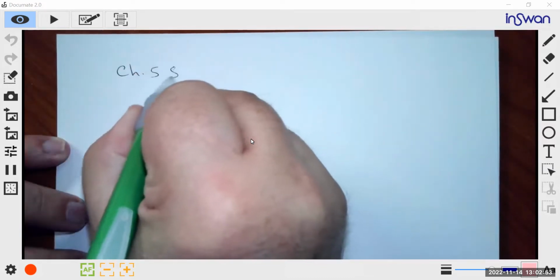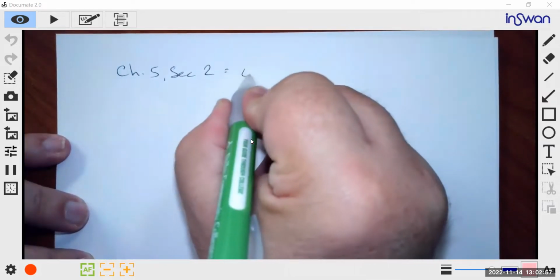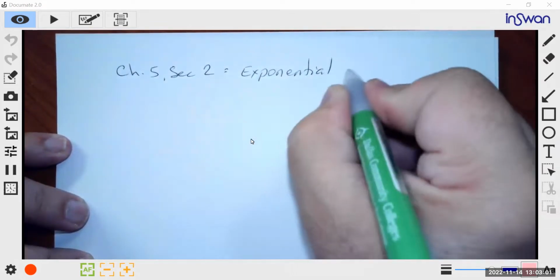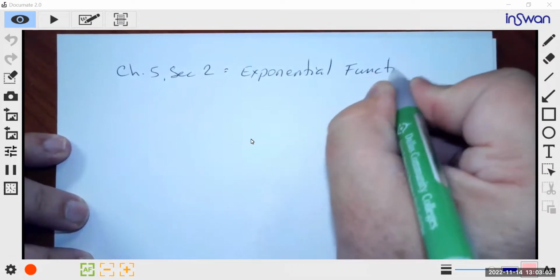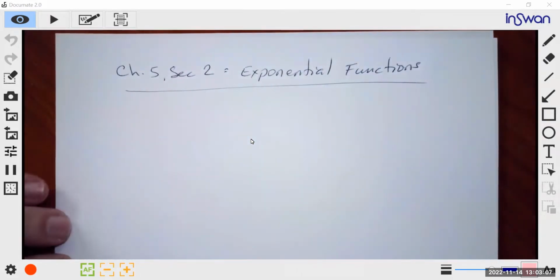Chapter 5, section 2. Exponential functions. Okay, we thought we had exponentials before.